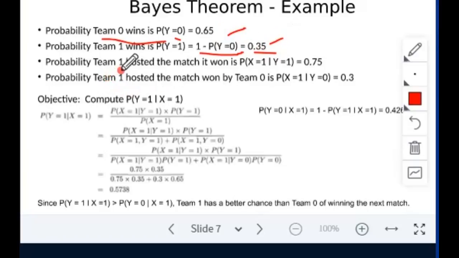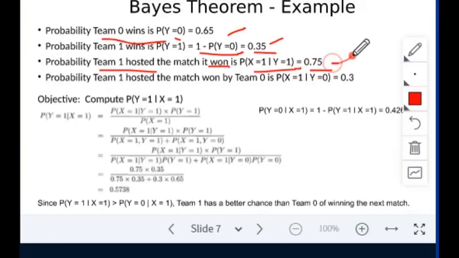The probability that Team 1 hosted the match and won: when Team 1 hosted, they have won 75%. So that is the probability of x=1 given y=1, which is 0.75.